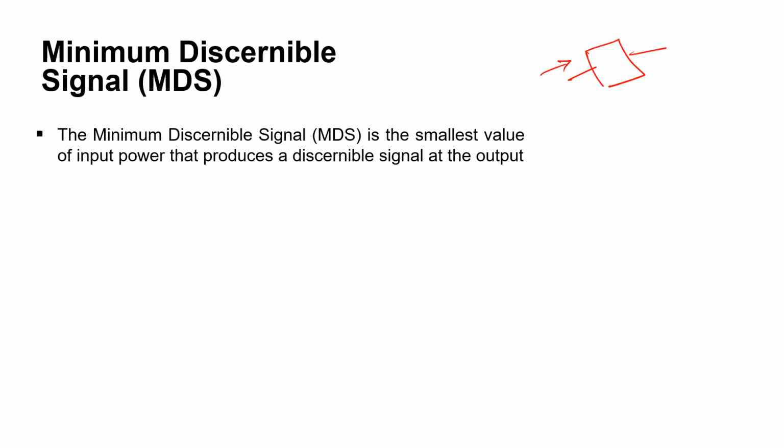So the smallest value of input power that produces a discernible signal at the output. If I can sense whatever is coming out here, then the signal is called minimum discernible signal.